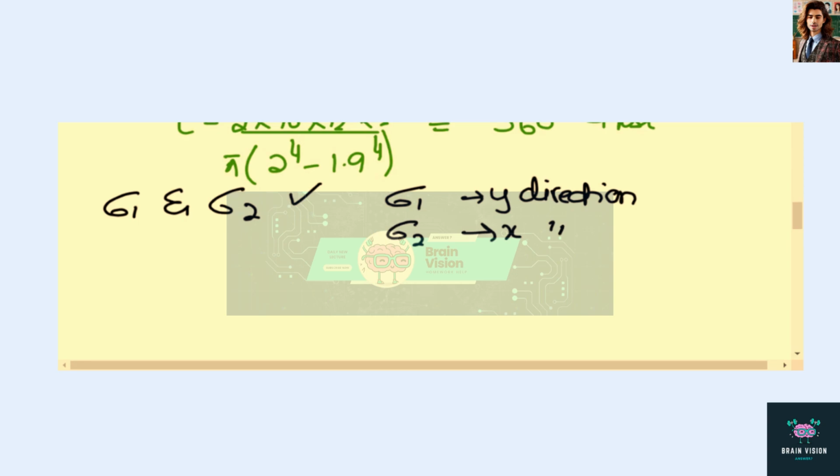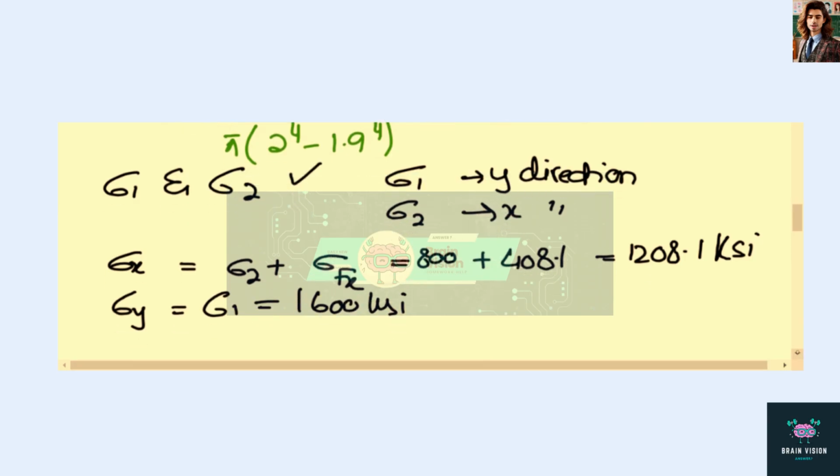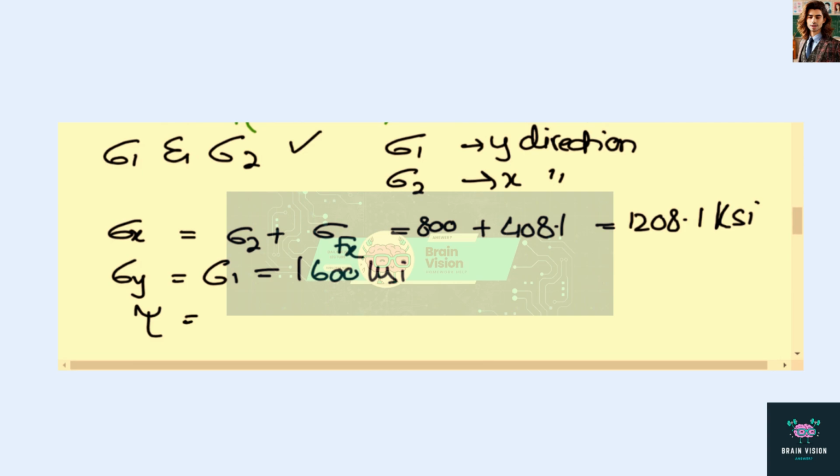Sigma sub x is equal to sigma sub 2 plus the axial stress, that is 800 plus 408.1, which equals 1208.1 ksi. Sigma sub y is equal to sigma sub 1, that is 1600 ksi. And tau is equal to 360.4 ksi that we just calculated above.